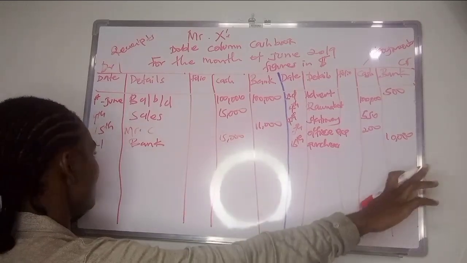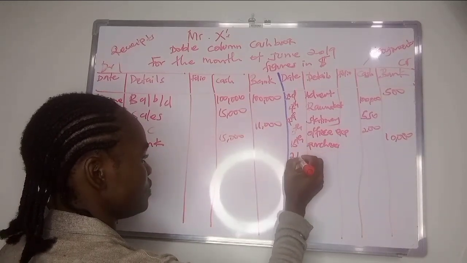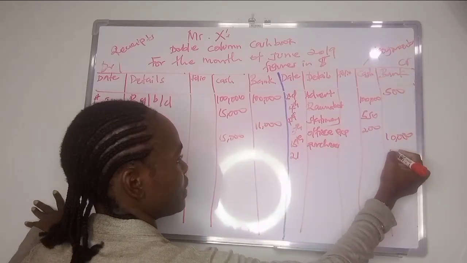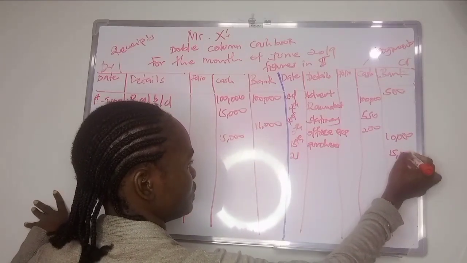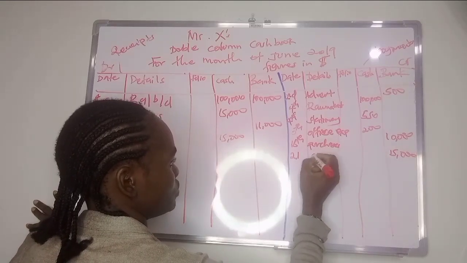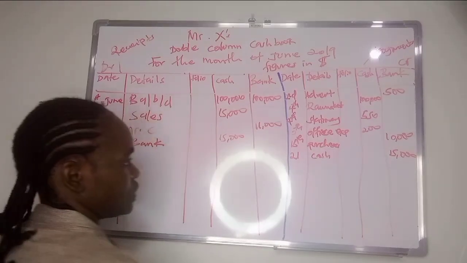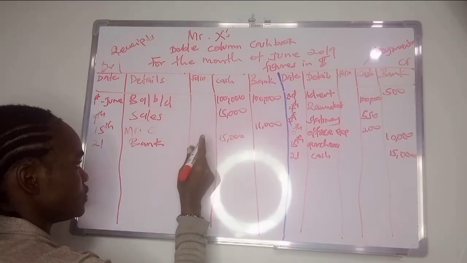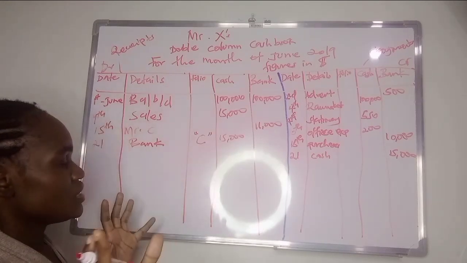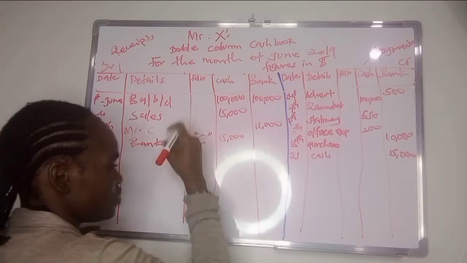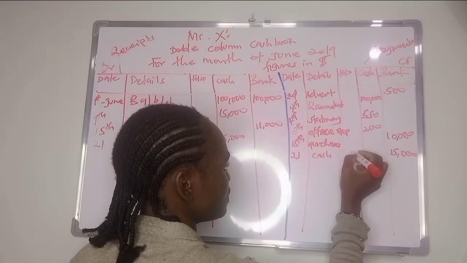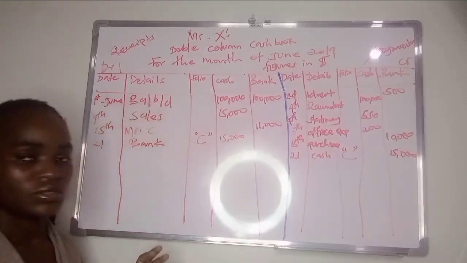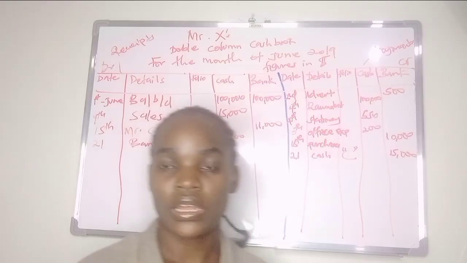So on this side, we shall put the same figure. We write 21st. Then we put the amount under bank, which is 15,000. And then under description, we put cash. That is what we call a contra entry. And here, where there is folio, you put the C in those things. So C, like that, to show that it's a contra entry.